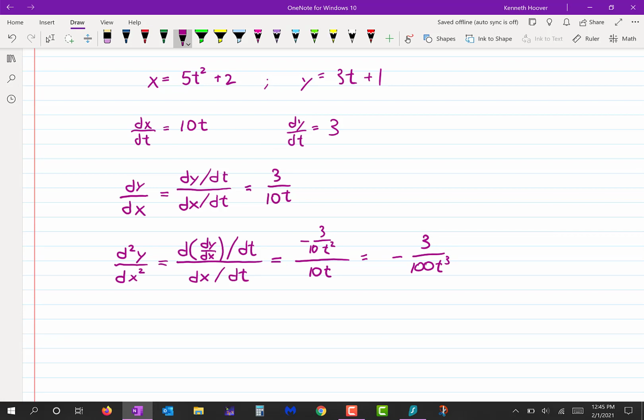Okay? So that's how you do the first two derivatives. If you wanted to find the third derivative, you could do it the same way. It's the derivative of that answer with respect to t divided by dx/dt. Okay? All right.